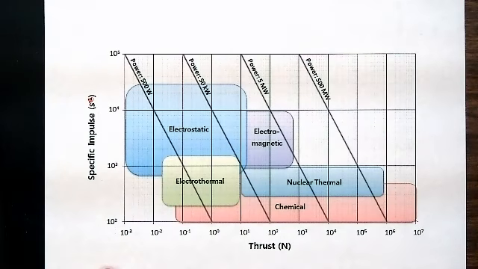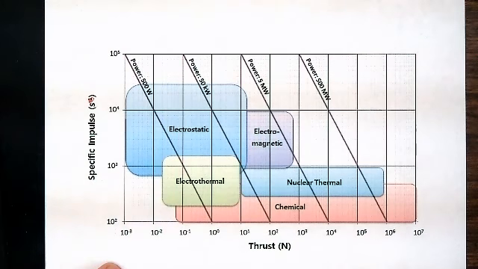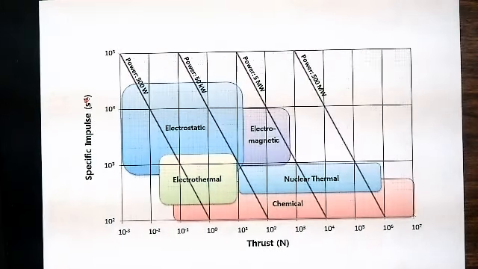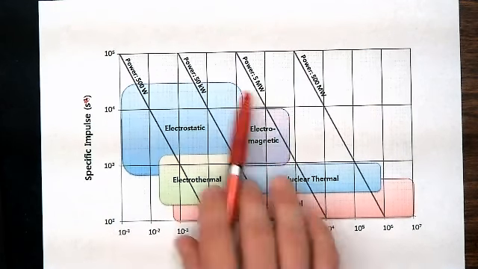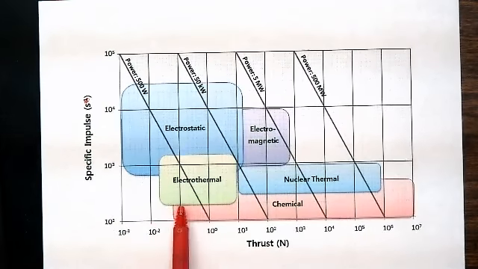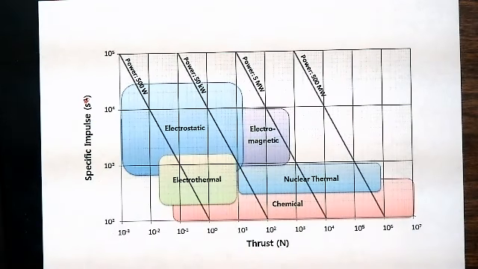Electromagnetic systems will go up to 11,000, and electrostatic systems can go practically up to tens of thousands of seconds. There are reasons why you select different ISP ranges that we'll get to later. But my main point for showing this is that these things operate in a completely different regime than a conventional chemical system.